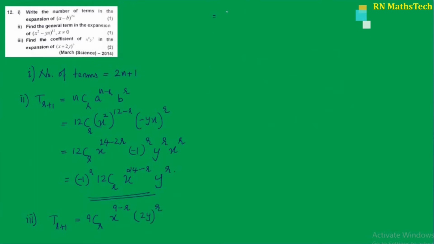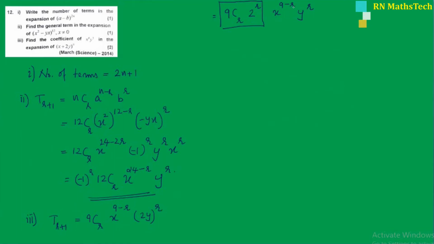That is equal to 9cr 2 raised to r, x raised to 9 minus r and y raised to r. This is its coefficient. To find the coefficient, we need x raised to 6.